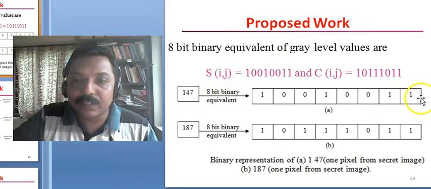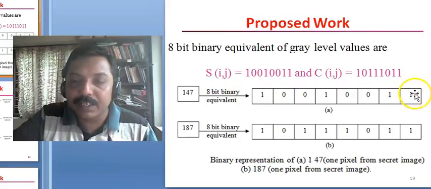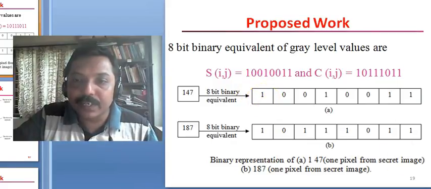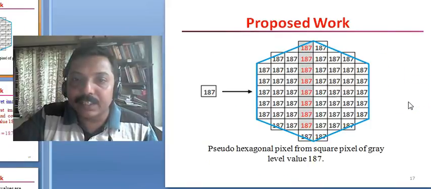As we know, it consists of 8 bits, starting from this is the LSB, and this is the MSB. So as a first step, we are going to hide this single bit in this particular subpixel having value 187.